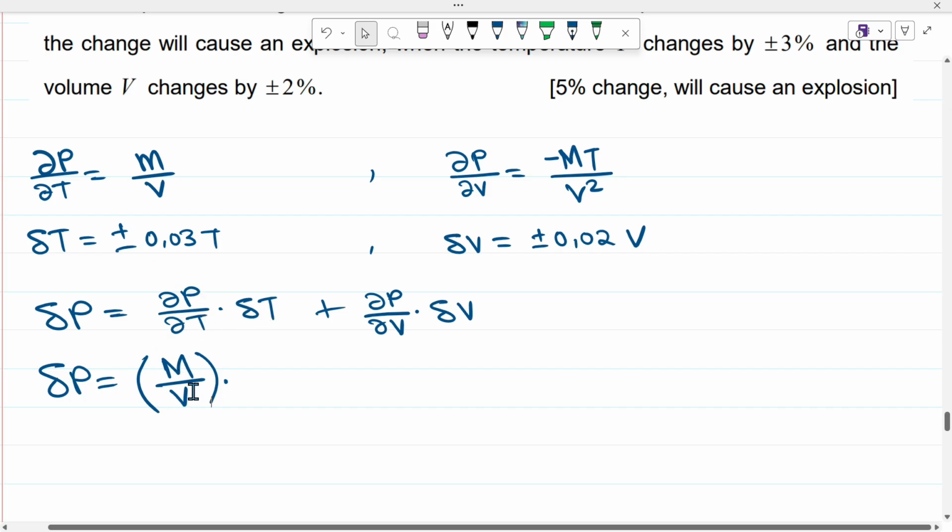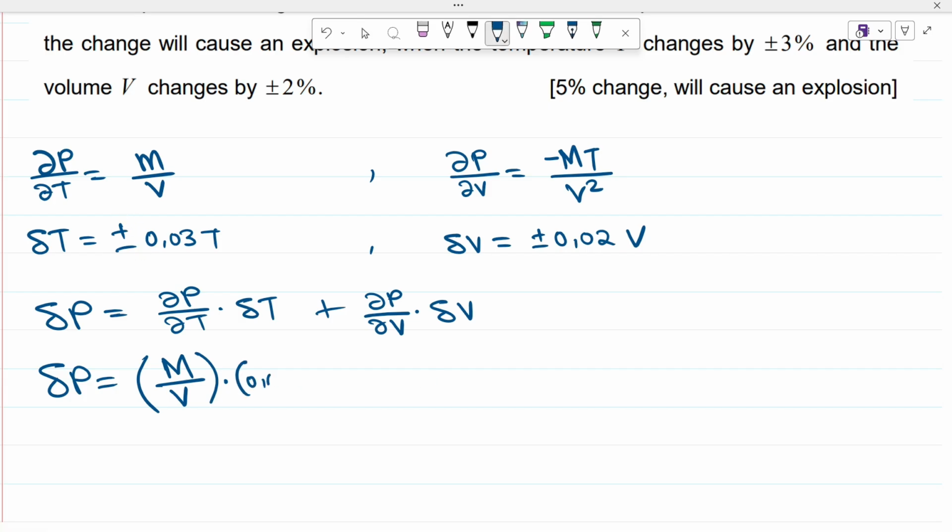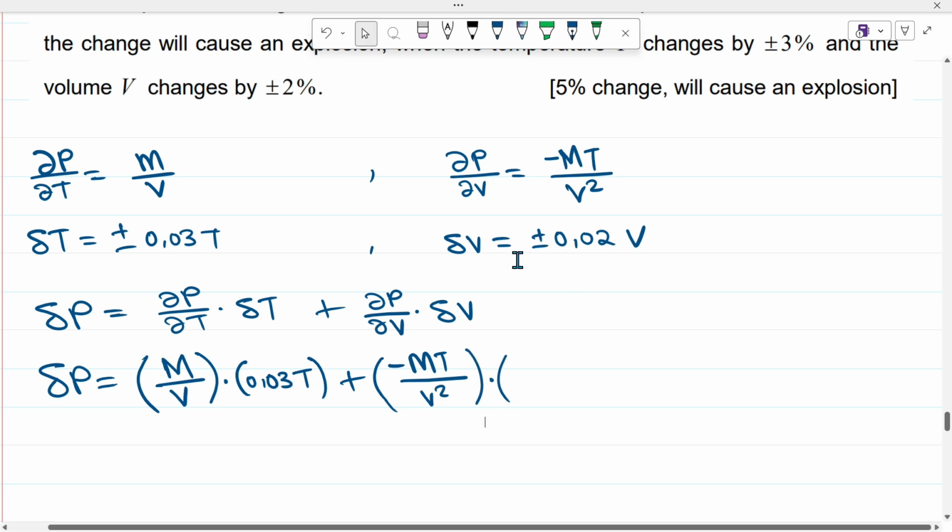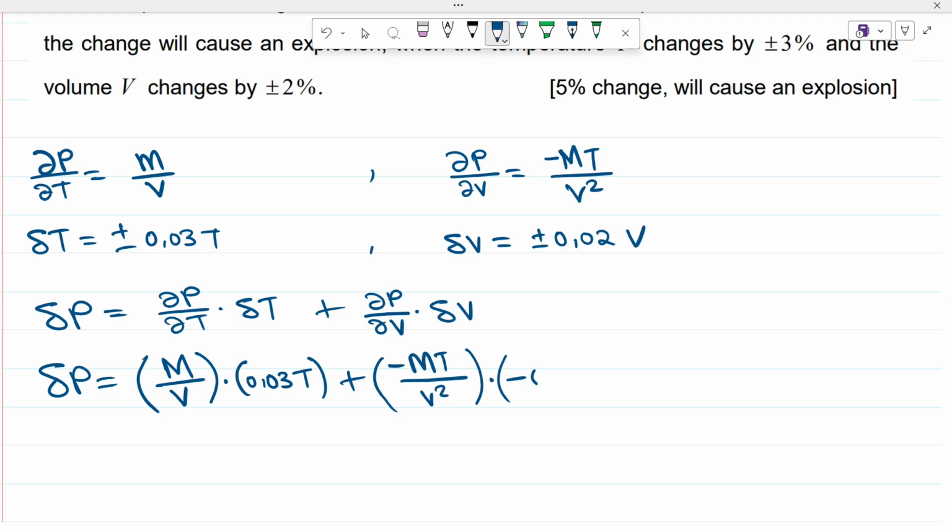Since this one is positive, we take positive 0.03T, and then plus the other one, which is negative mT over V squared, multiplied by the change. The sign we take there is negative, so that the multiplication of this and this is positive. Since we have a negative here, we must take another negative there so that we get a positive answer when we multiply. So this is 0.02V. Makes sense, right?